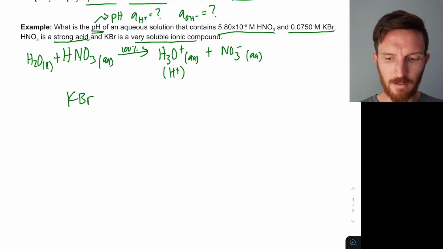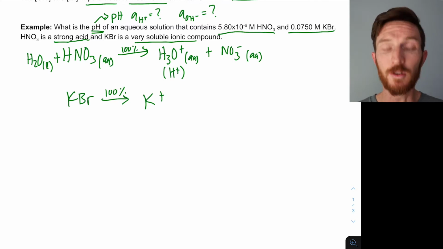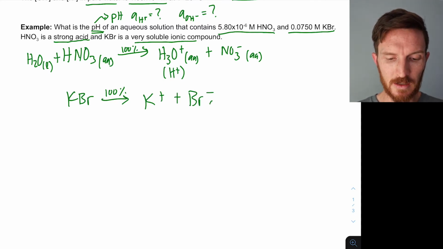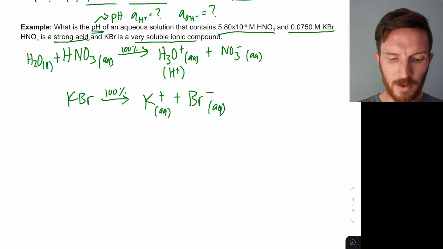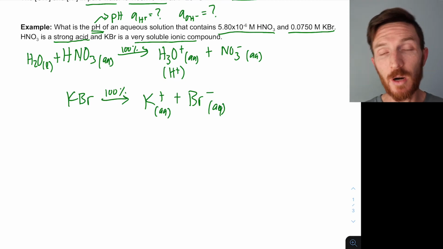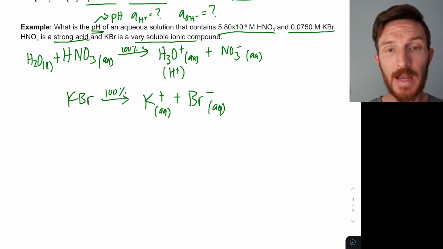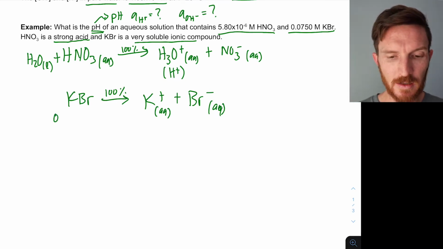Then we also have our potassium bromide, which is very soluble, meaning it undergoes this 100% dissociation into our potassium and bromide ions. So whatever amount of potassium bromide I start with, all of that exists in solution as K plus and Br minus ions.